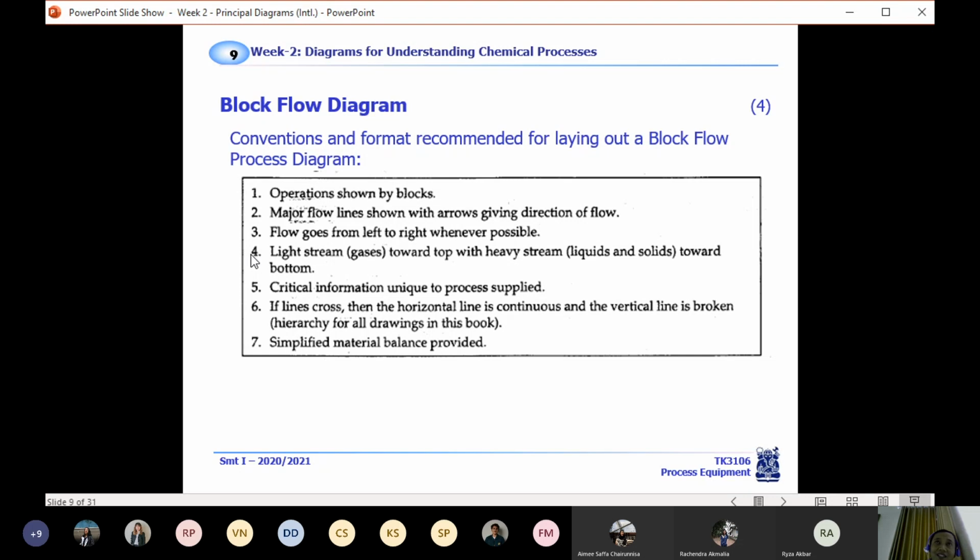Don't change this. For example, if you have a separation block and the gas goes to the bottom and the liquid goes to the top, no, that is not correct.